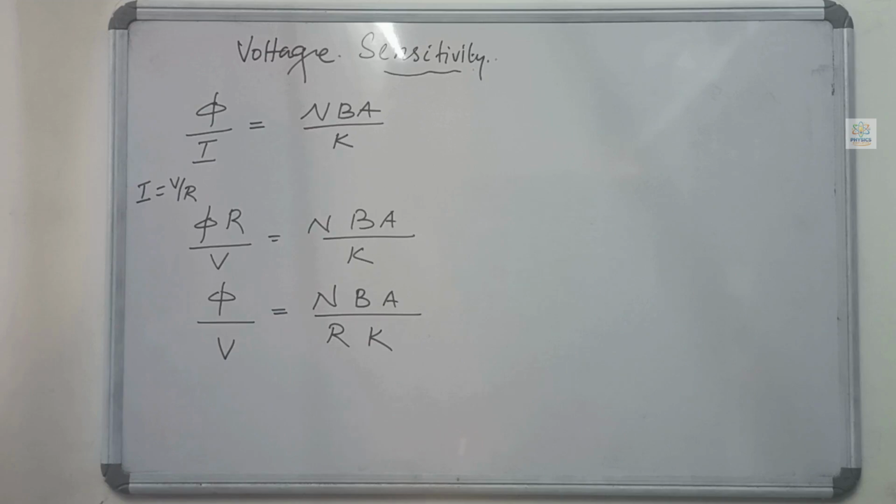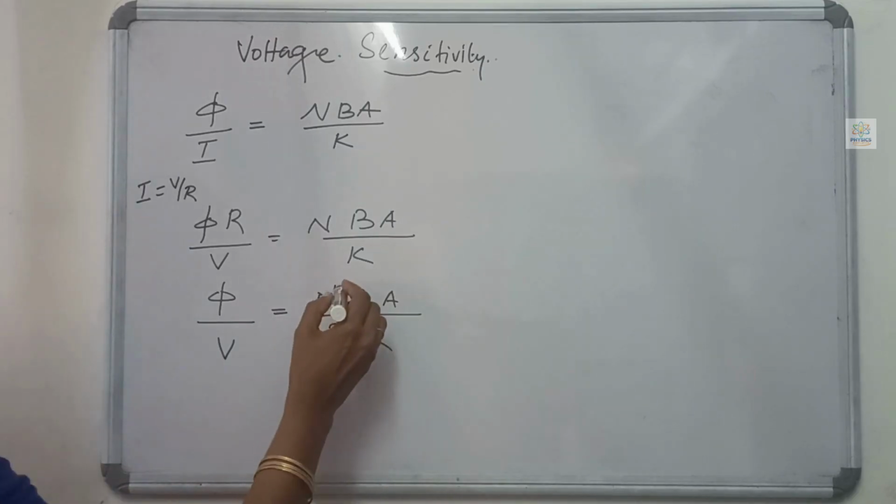This voltage sensitivity depends on 3 factors. The first one is strength of magnetic field, second one is area of cross section of the coil, and the next one is the restoring torque per unit twist. So to increase the voltage sensitivity, we have to increase the area of cross section, the strength of magnetic field, as well as we have to decrease the restoring torque per unit twist.